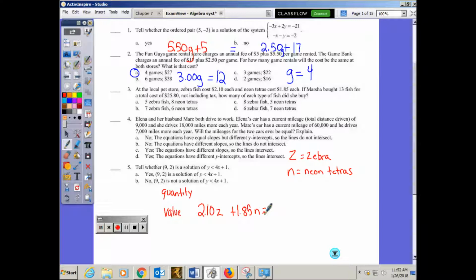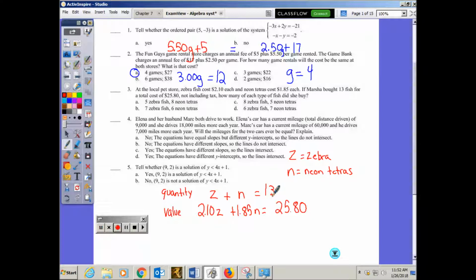And how much money did she spend? $25.80. Now, she bought 13 fish. So zebra plus neon.